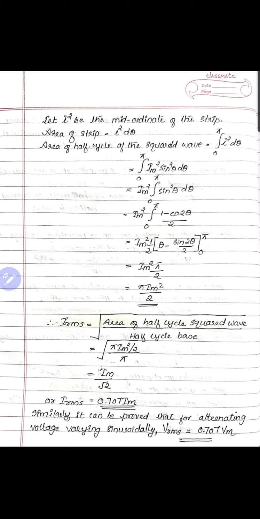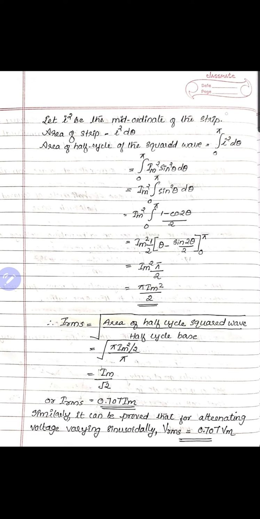For half cycle only we are considering, because since it is a symmetrical wave, the negative is the same as the positive, since it is going to be squared. So we are only considering the half wave for a symmetrical wave RMS value. Area of half cycle of the squared wave is equal to the integral from 0 to pi of I square d theta.